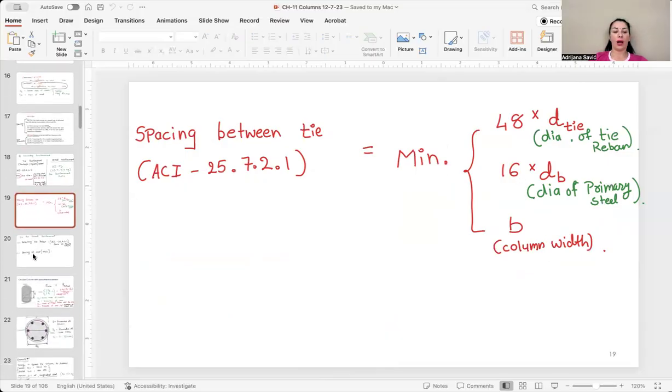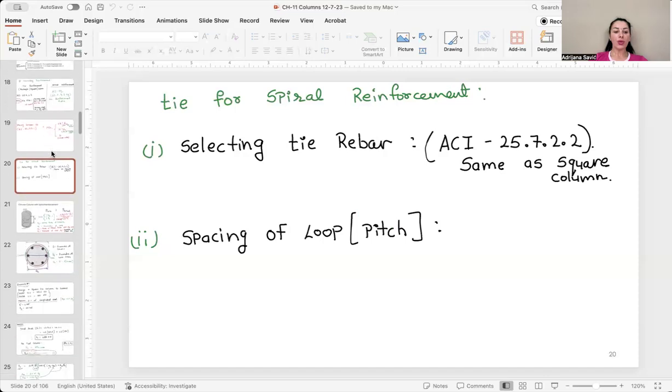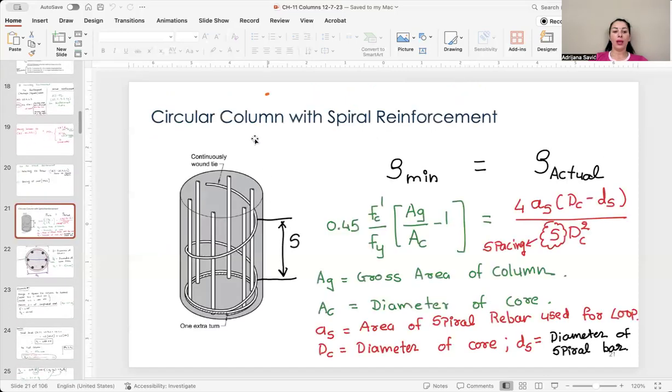So regarding circular column with spiral reinforcement, we have an equation where rho minimum has to be equal to rho actual.